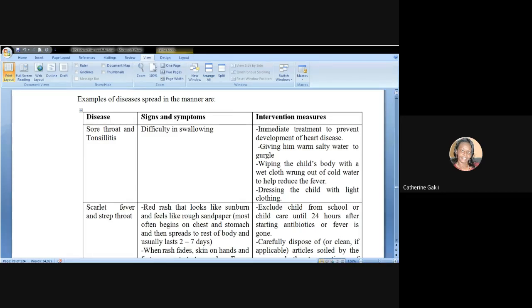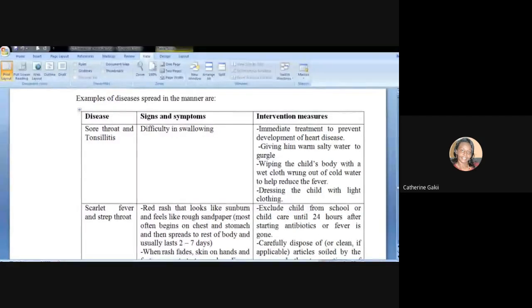When the child is running high temperatures like 39, and you wipe them with a cold piece of cloth, a towel with cold water, placing it on their forehead or other parts of their body, wiping throughout the body, that child can actually get convulsions because the body is not able to absorb that shock.